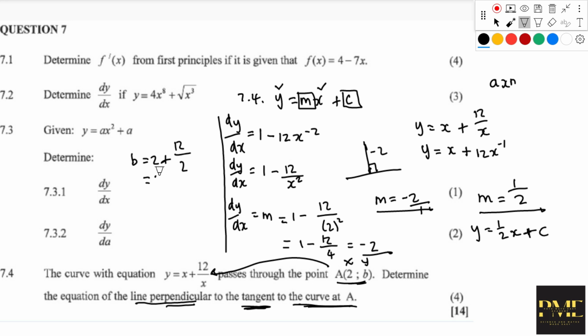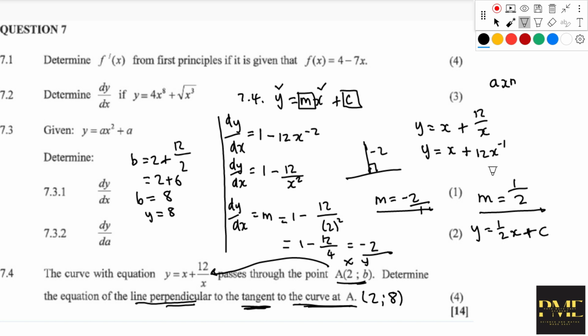This will be equals to 2 plus 12 divided by 2, which is 6, and therefore b will actually be equals to 8, and b is y respectively. So now we have the coordinates of A, which are (2, 8), guys.